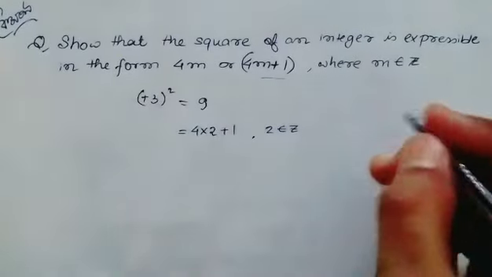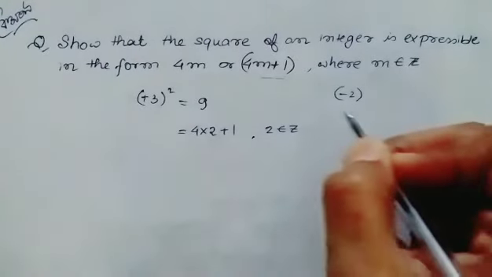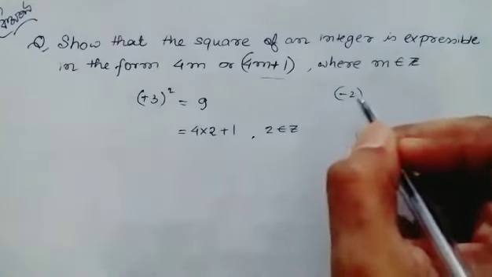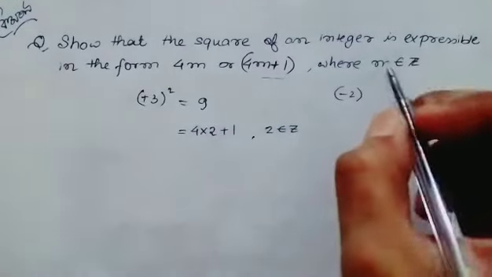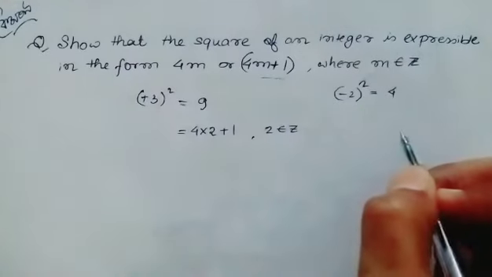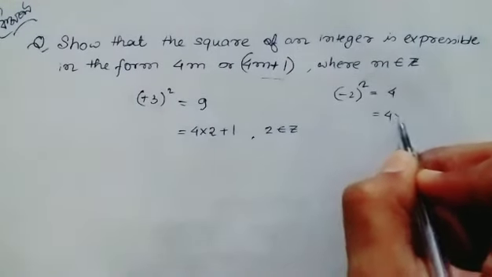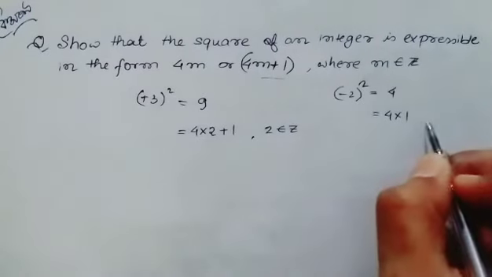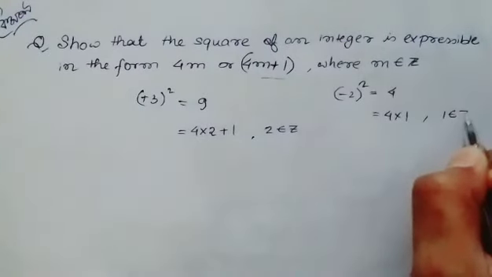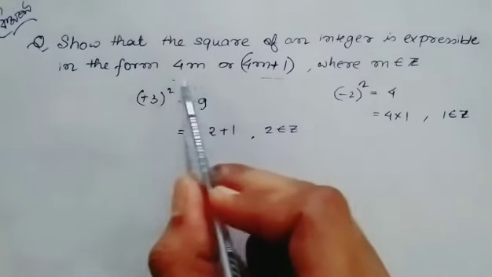Let us consider another example. Let us take minus 2 to be the integer. If you square minus 2, you will get 4, and you can express 4 as 4 into 1, where 1 belongs to integer. So this case satisfies the condition 4m.